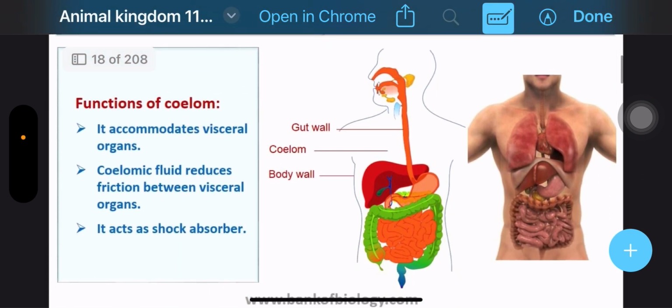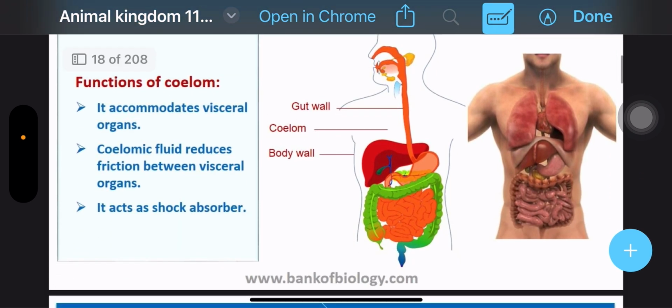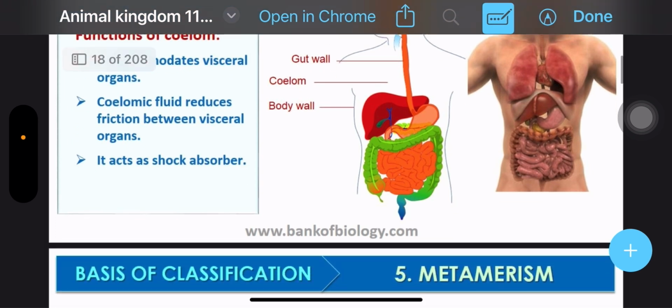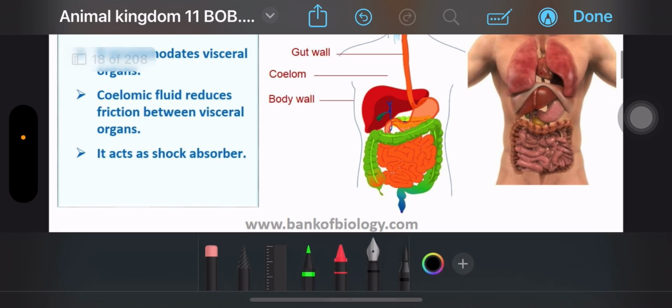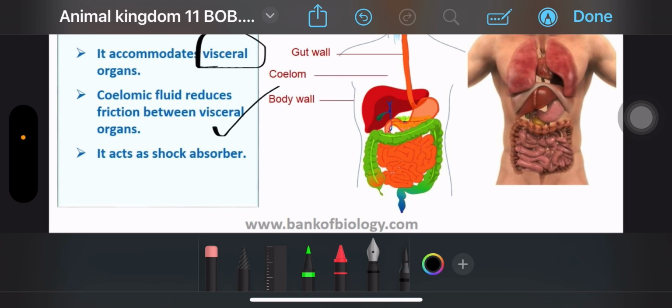What is the function of coelom? Here is what I told previously. All these parts will be accommodated. It accommodates the visceral organs. What are the visceral organs? Internal organs are called visceral organs. Coelomic fluid reduces the friction between the visceral organs. I told you, this cavity is filled with a fluid-like structure called the coelomic fluid.